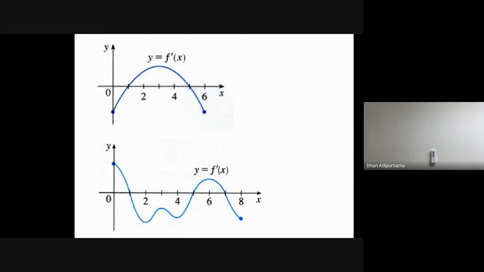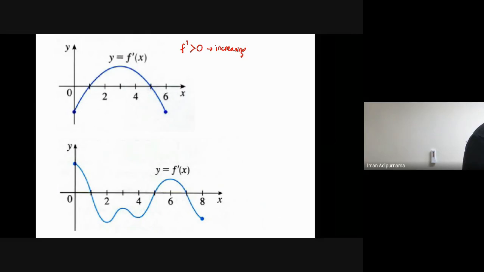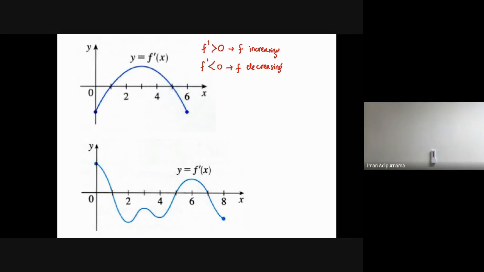What you need to remember is, when you have f prime, if f prime is greater than 0, this means f is increasing. So f prime less than 0, f is decreasing. So from this graph, you see this is positive, this is negative, right?